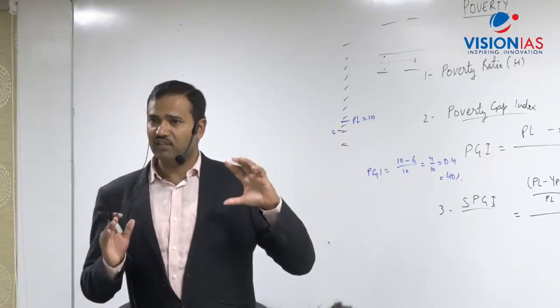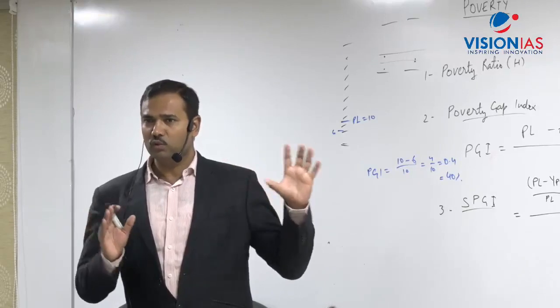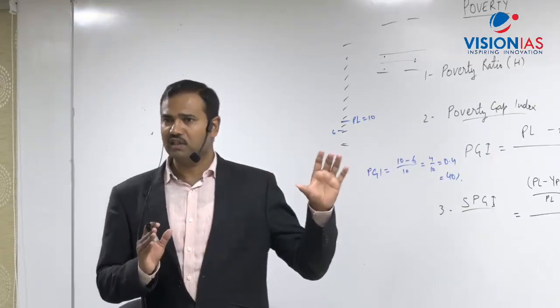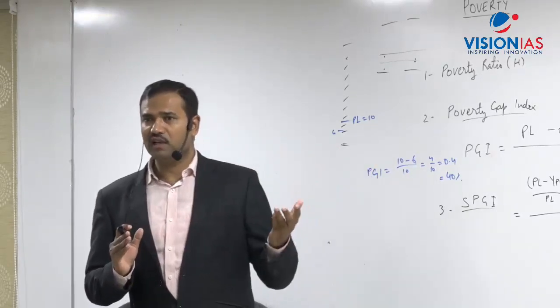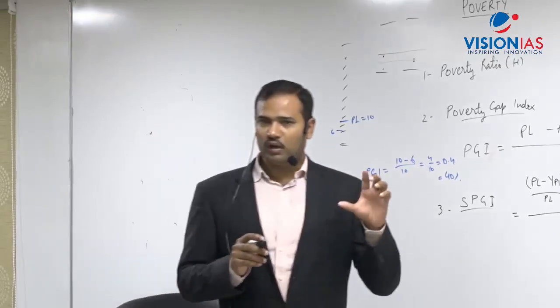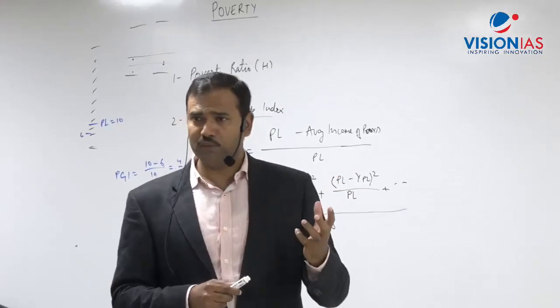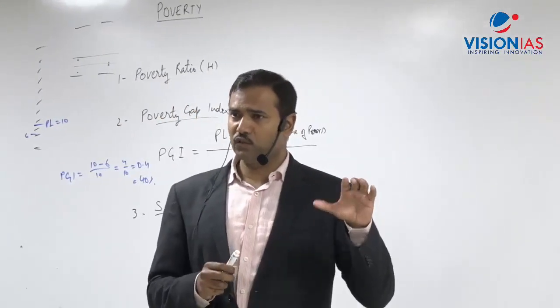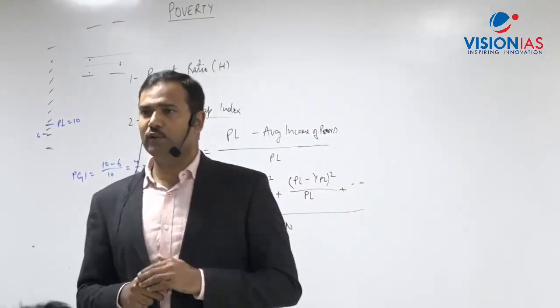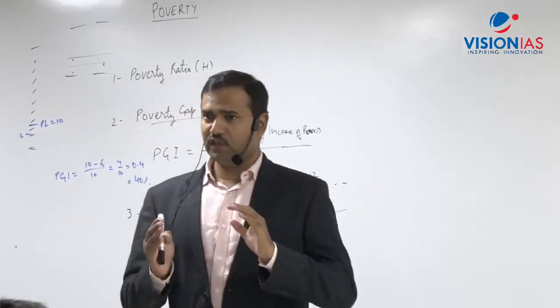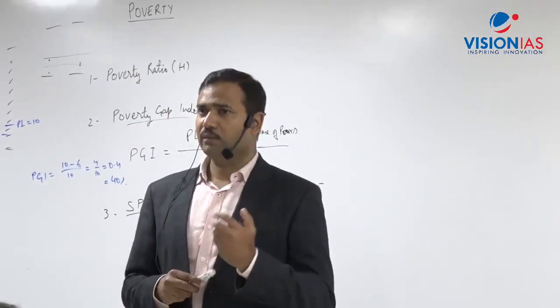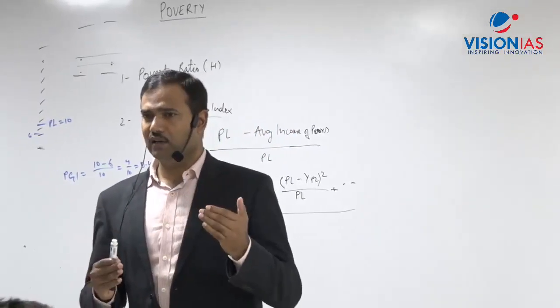We have to design developmental programs, so we need to know how many people are poor, what their status is, and what kind of program we should design. Then we need to assess the performance of those programs like MGNREGA: were they successful in reducing poverty? And one more point, we have to identify beneficiaries for welfare programs, like in the PDS there is APL and BPL, below poverty line.